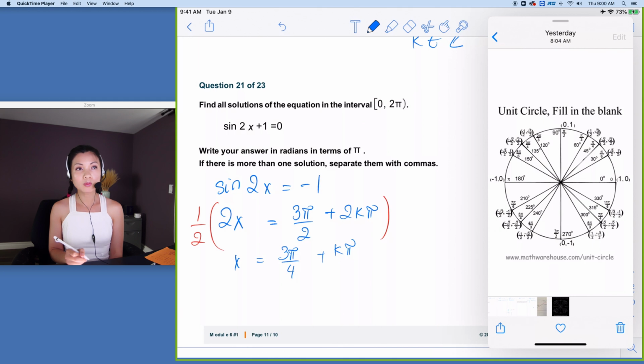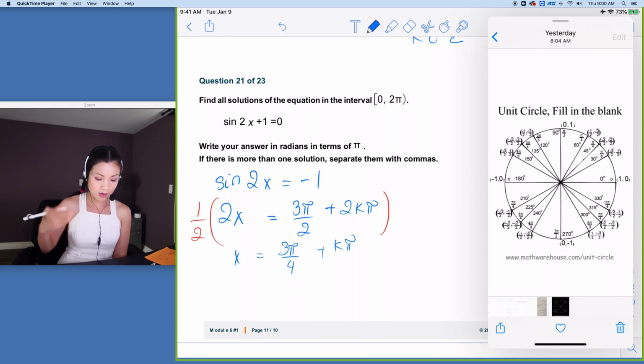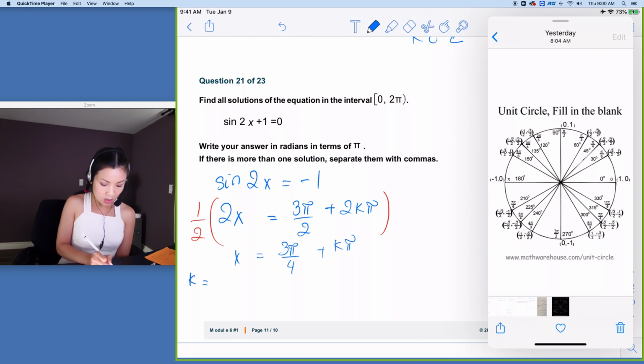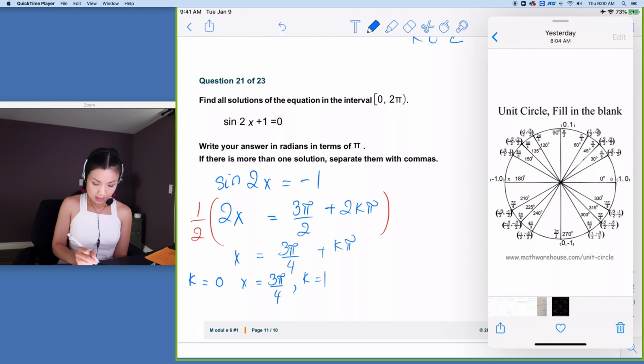Okay, so for this problem, we have to be careful because we want to find it in the interval 0 and 2 pi only. So I'm going to try one by one. Let's try k equal to 0. So x is 3 pi over 4. K equals 1, I get x equals 3 pi over 4 plus pi, which is 7 pi over 4.